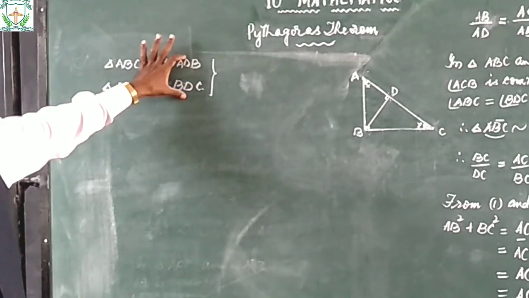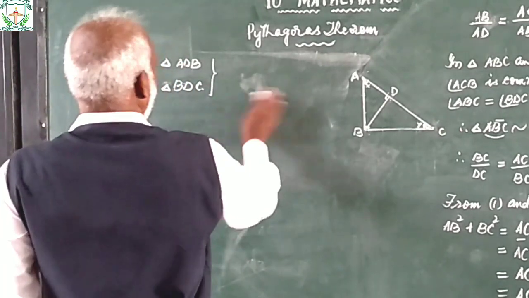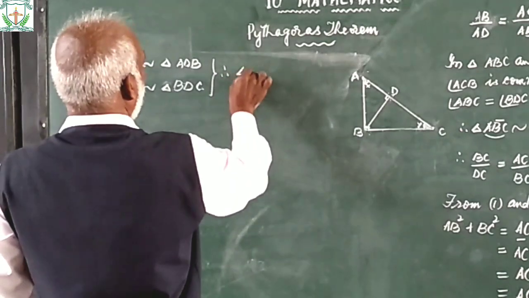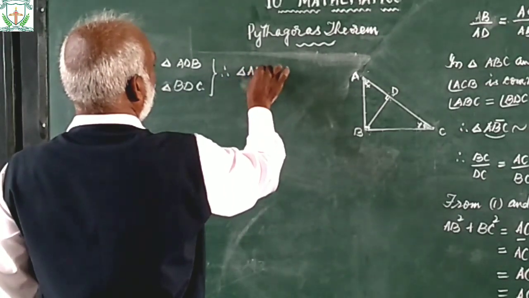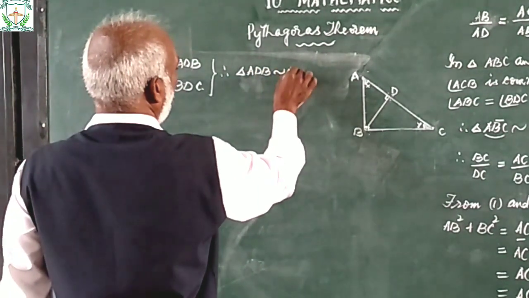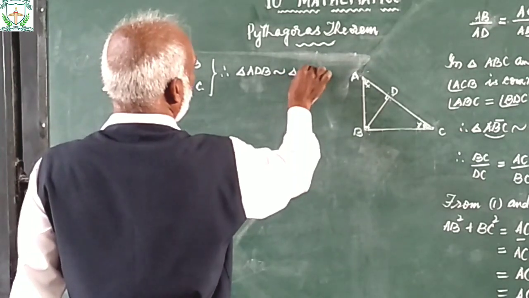So these two triangles are similar. Therefore, triangle ADB is similar to triangle BDC.